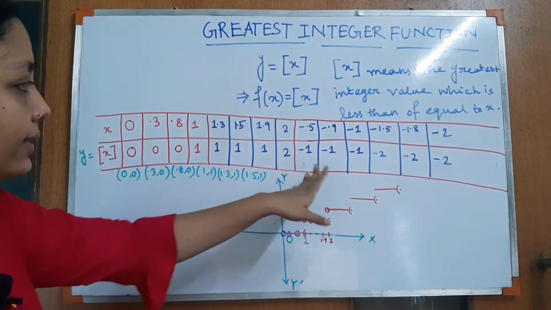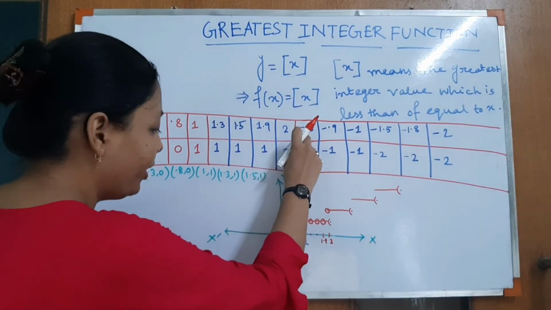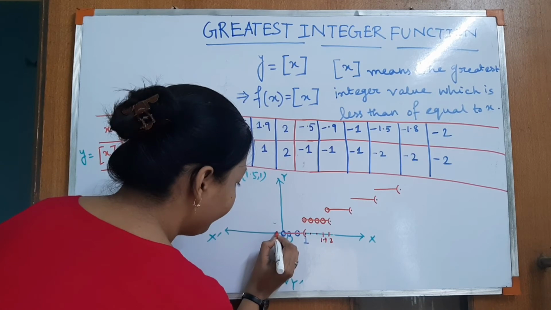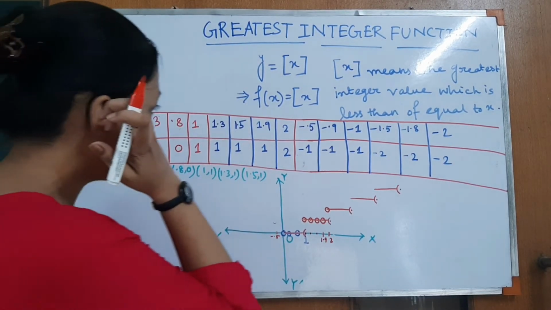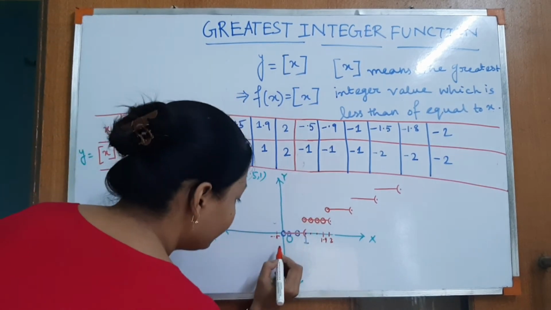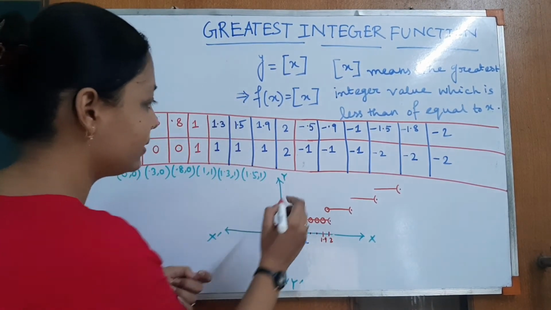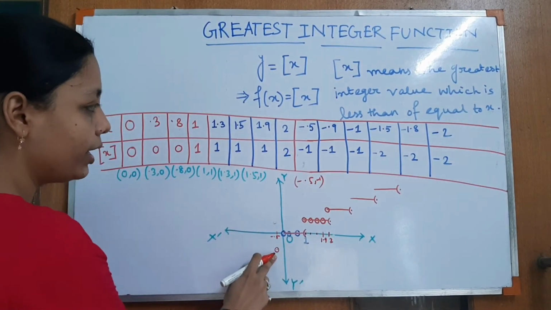Now, if we take this negative point, minus 0.5, okay. So, here we take the point minus 0.5. For minus 0.5 we get minus 1. So, here is the point minus 0.5 comma minus 1, okay, this is the point.